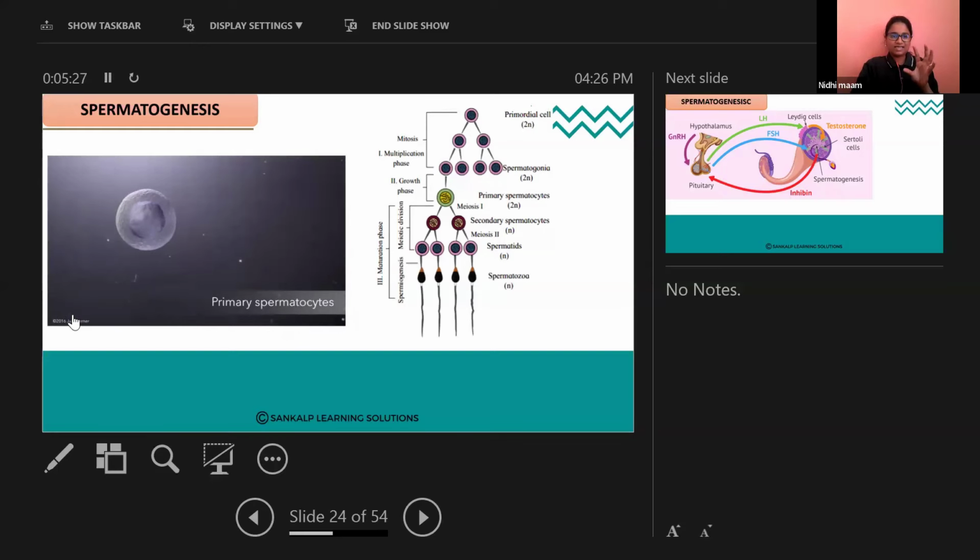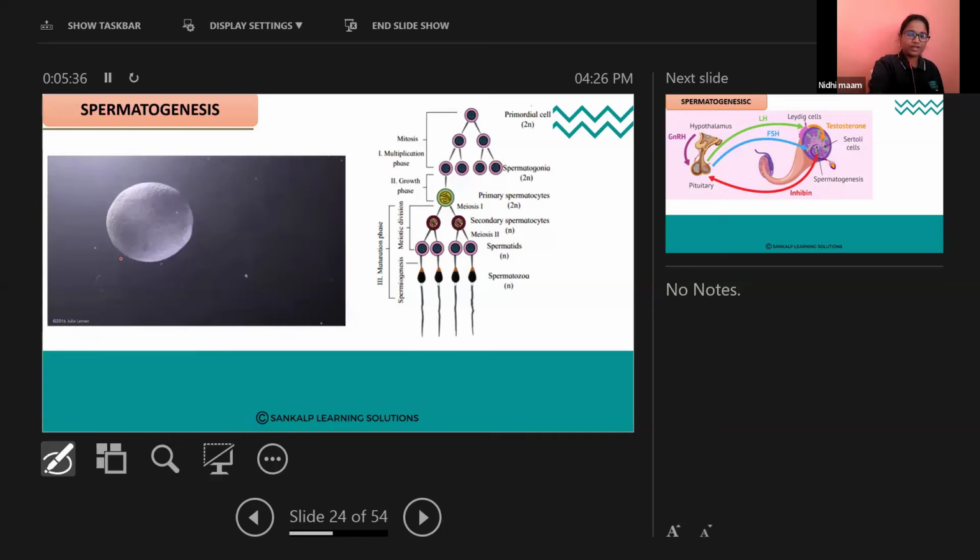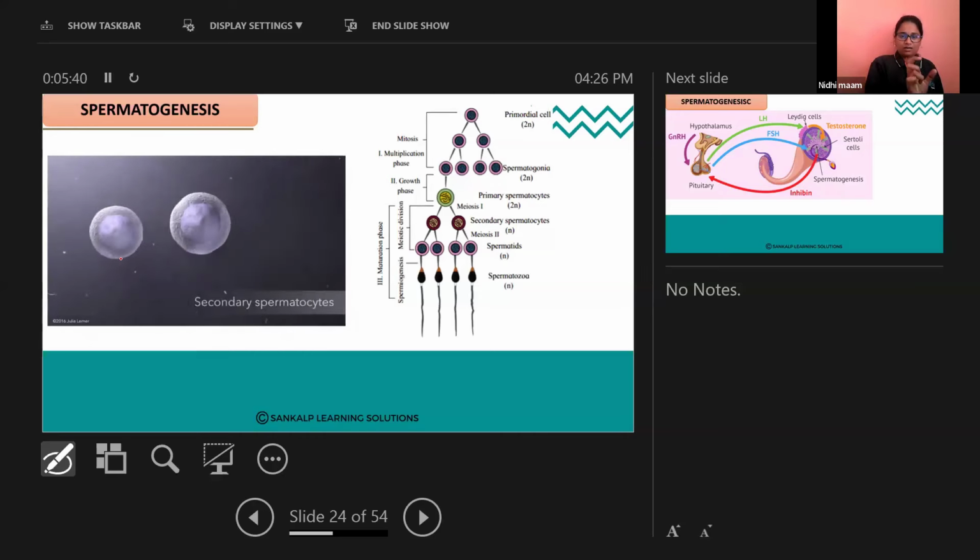After the size increase it is called a primary spermatocyte. Remember, this is also diploid. The primary spermatocyte will undergo what? Sorry, meiotic division to form a secondary spermatocyte. The secondary spermatocyte will undergo meiotic division to form spermatids.